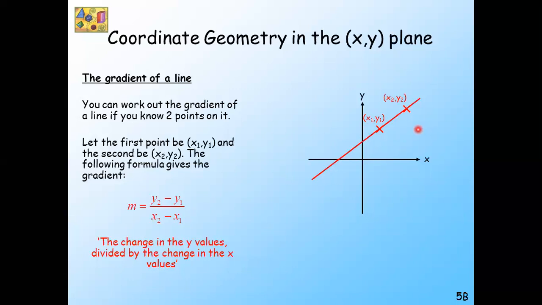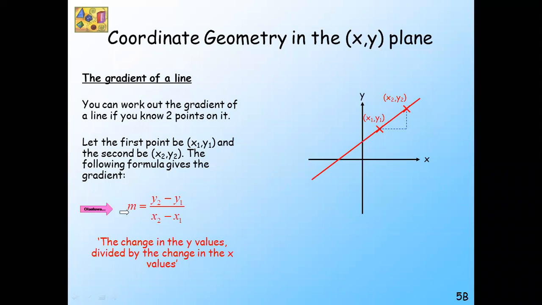If I'm talking about the gradient of this line, I can find that with just these 2 points that are given or already known for this line. Now, the formula for finding the gradient of a straight line is simply y2 minus y1 over x2 minus x1. You can see the formula right here, y2 minus y1 over x2 minus x1.